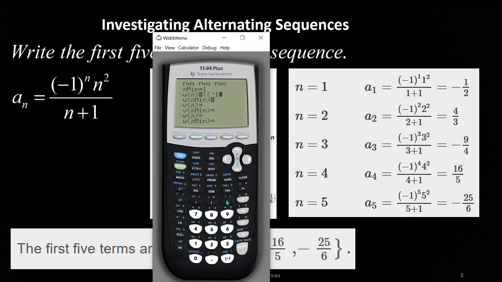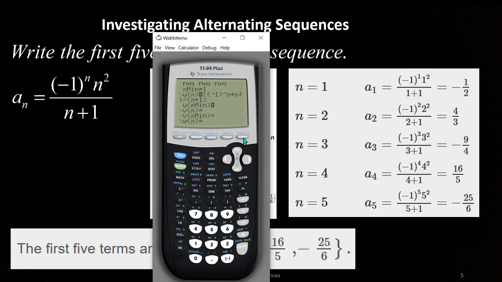That's -1 to the power of n, and then times n to the second power, and then close the numerator, and then divide it by another parentheses for the denominator, which is n plus 1, and we are done. Now we can do the same thing.